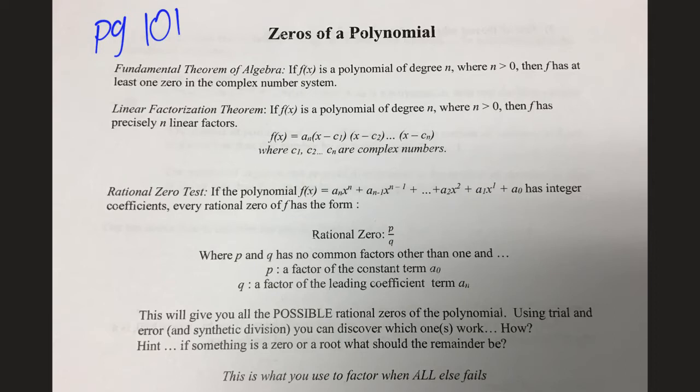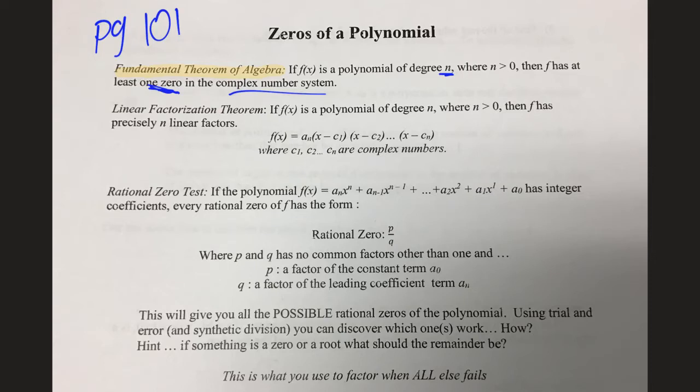Okay, so let's start with the fundamental theorem of algebra. What the fundamental theorem of algebra says about a polynomial is that if you have a polynomial with a certain degree n, which is just some positive number, then there's at least one zero in the complex number system. Remember, that means real and imaginary together, okay?